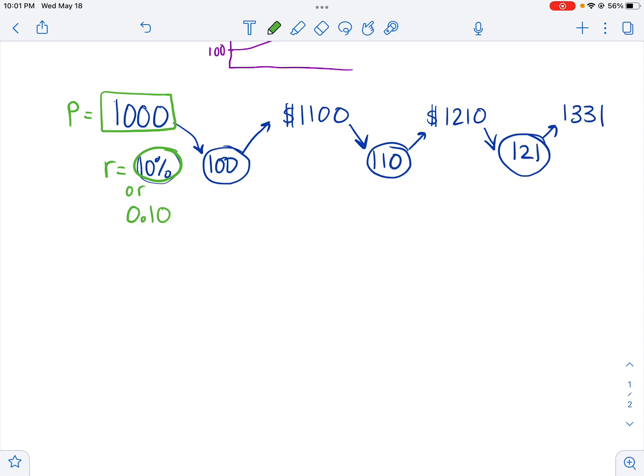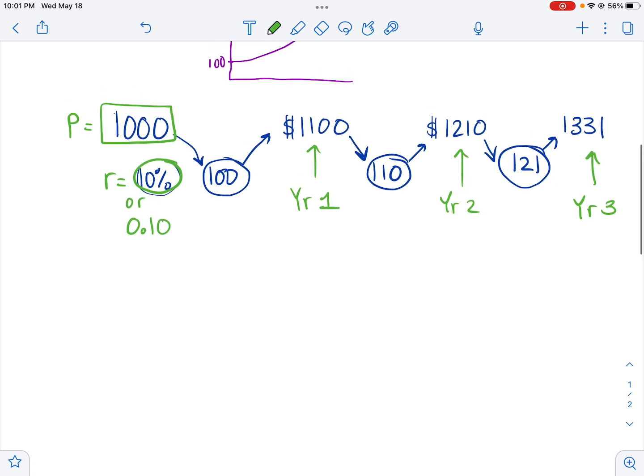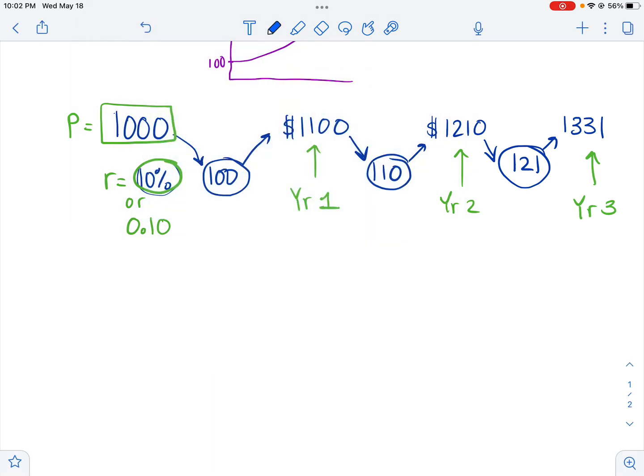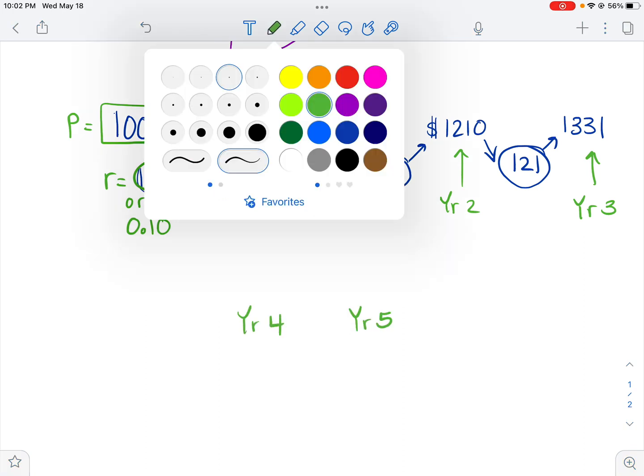So we can see after 1 year, we will have that. After year 2, we will get that. After year 3, we will get that. And let's just do a couple more years. After year 4 and year 5. Let's just see what those would look like.